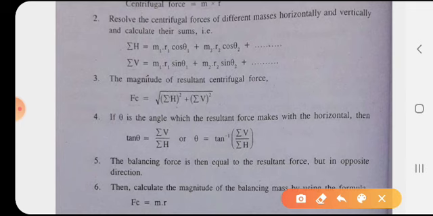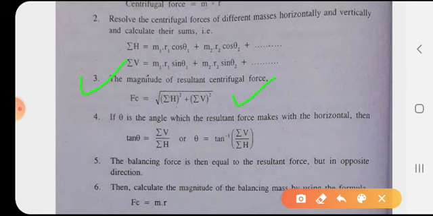The third step is to calculate the resultant centrifugal force. That can be written as Fc equal to square root of summation of H square plus summation of V square.